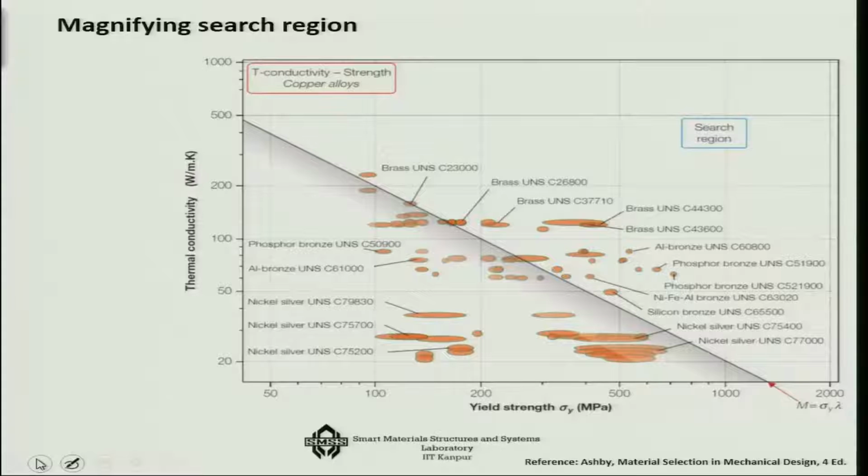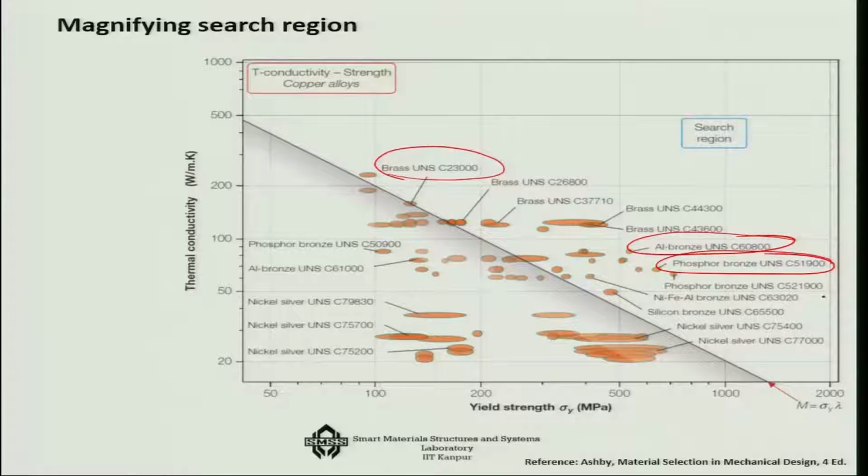So, if I magnify this part, what are the possibilities? You can have the brass UNS alloys, aluminum bronze alloys, phosphor bronze alloys, nickel based alloys, silicon bronze alloys. So, these are the possibilities that come in our particular slide area.